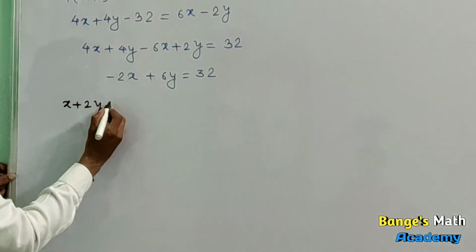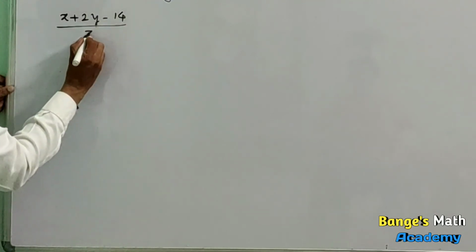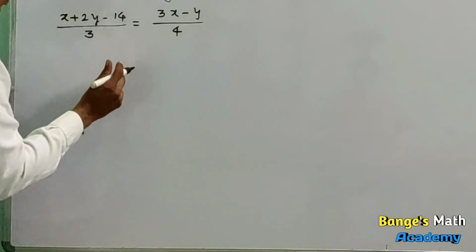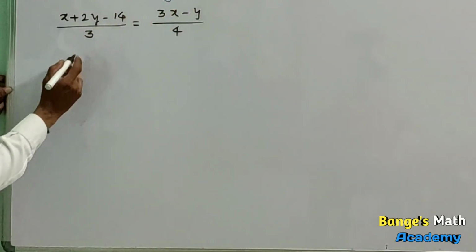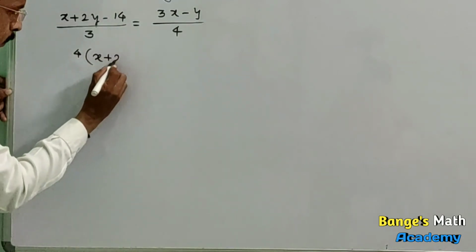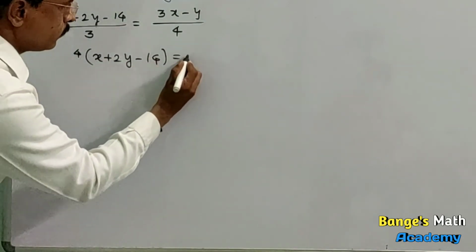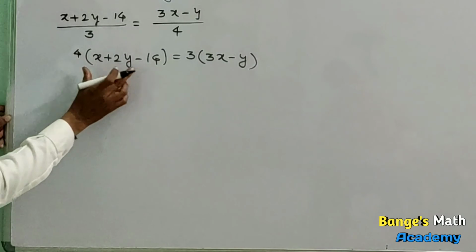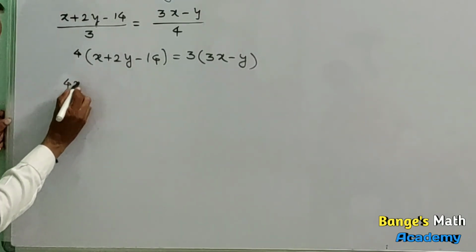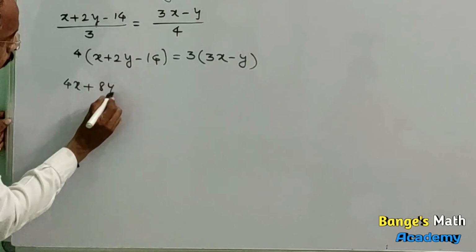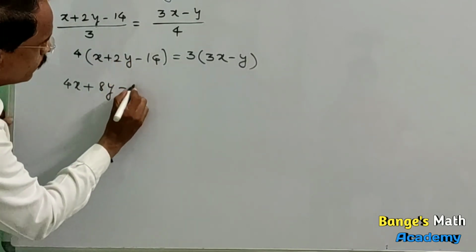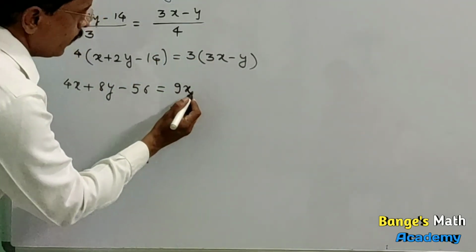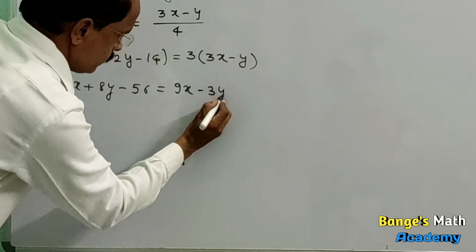Then compare this one. X plus 2y minus 14 upon 3 is equal to 3x minus y upon 4. Taking cross multiplication, 4 into x plus 2y minus 14 is equal to 3 into 3x minus y. Simplify this. Multiply each term by 4: 4x plus 4 into 2y, 8y, minus 4 into 14, 56, is equal to 3 into 3x, 9x, 3 into minus y, minus 3y.